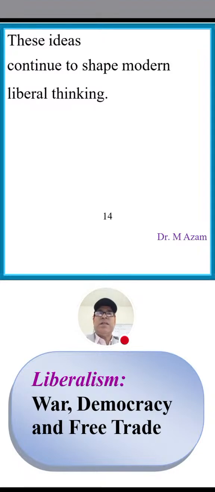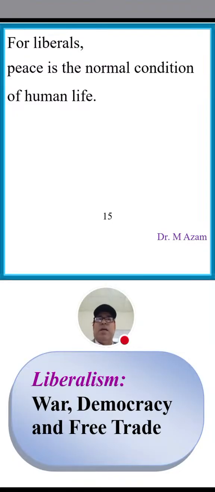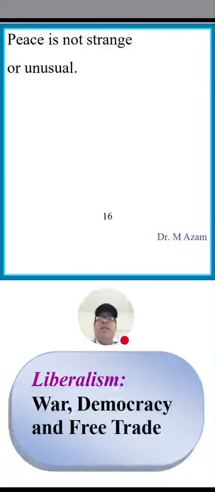These ideas continue to shape modern liberal thinking. These two ideas are the basis of modern liberalism. For liberals, peace is the normal condition of human life. Peace is not strange. Peace is not unusual.